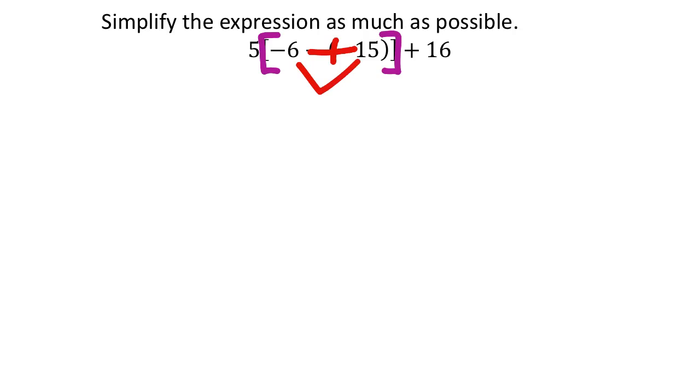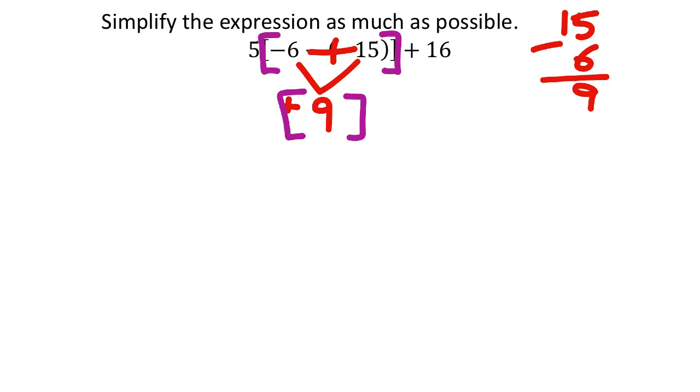Now by combining these with addition, I have more positives than negatives, so I know my answer is positive. And then I would do 15 minus 6, which is 9. So inside the purple brackets, which is a set of parentheses, I got 9.